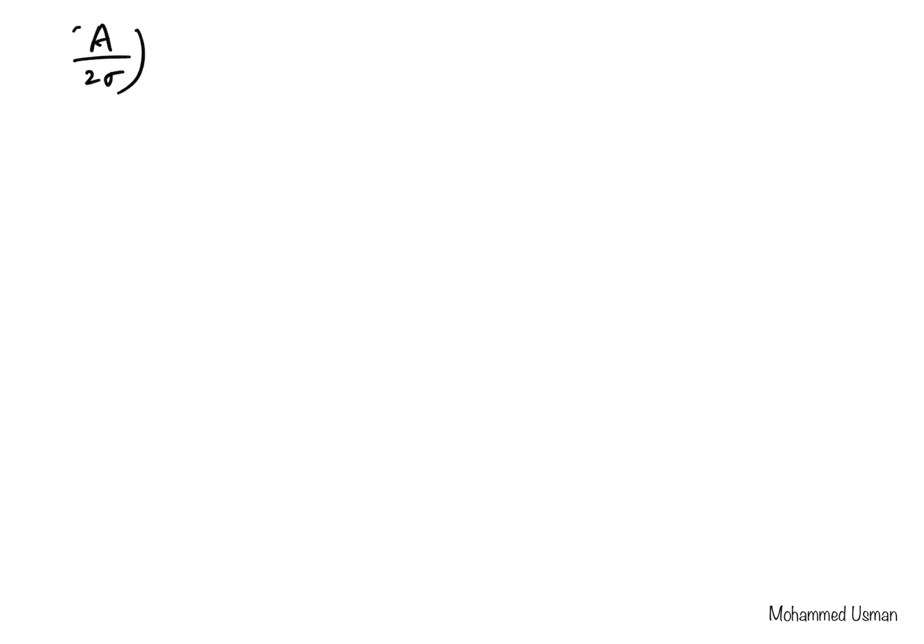A by 2 sigma the whole square is nothing but a square tau equivalent by 2 n naught.